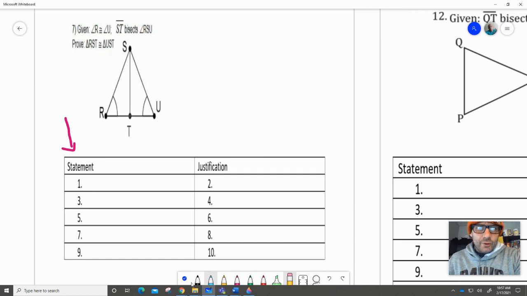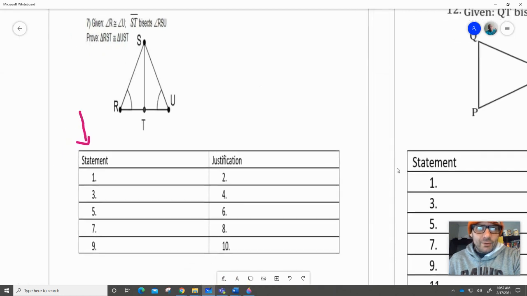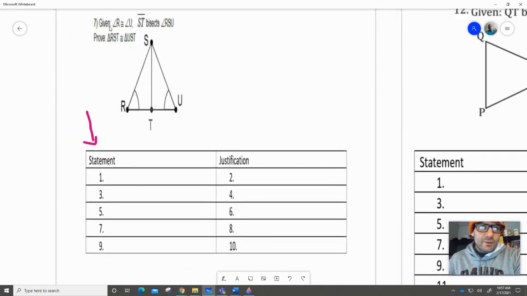Okay. So first thing, we want to start with our givens. We're given two things here. We're given angle R is congruent to angle U, which they're marked there. And we also see that ST bisects angle RSU. So we have two givens here.